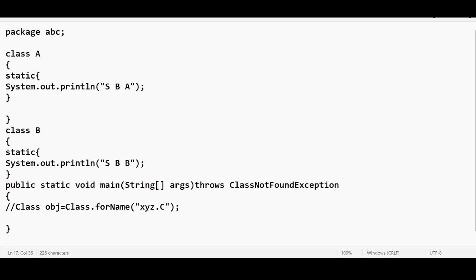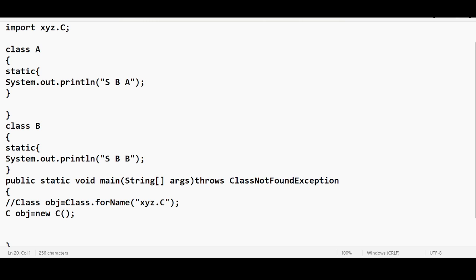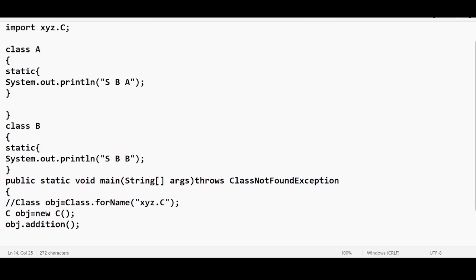How can we do it? First, I need to import this, because both are different packages: import package name dot class name. After importing, I need to create an object for class C, C obj = new C. After creating an object, with the help of the obj reference, I can call the method that is there inside the class. What is the method? The addition method.